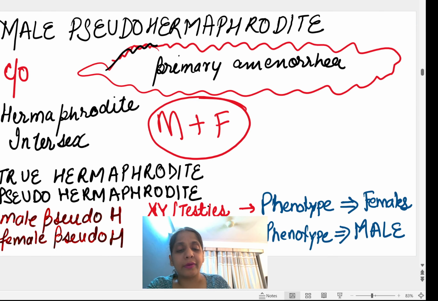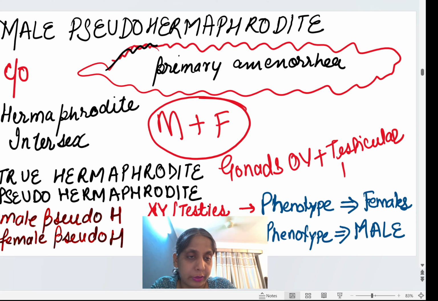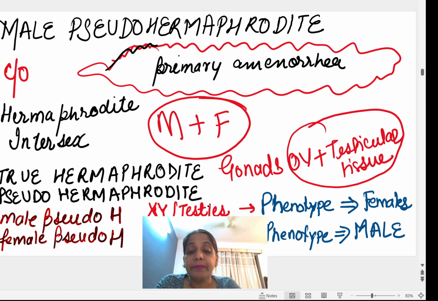So what do we understand when we say true hermaphrodite? It means that in their gonads, ovarian and testicular tissue both are present. In the gonads itself, both types of tissue are present, then it is known as true hermaphrodite.